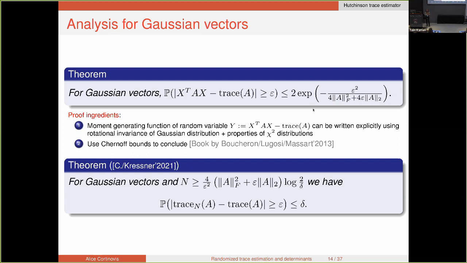And then with the trick of the previous slide, you get automatically this tail bound for the Hutchinson trace estimator with Gaussian vectors, in which to obtain accuracy epsilon with failure probability delta, you need this number of samples, which still has this 1 over epsilon square thing, the logarithm of 2 over delta here, and then it has the squared Frobenius norm of A.